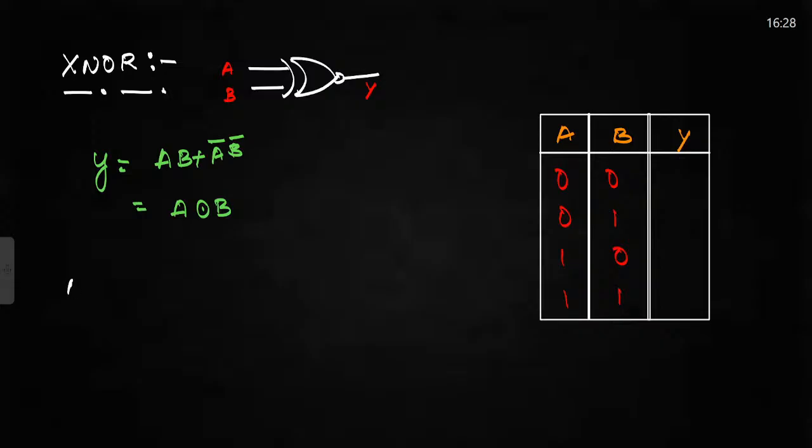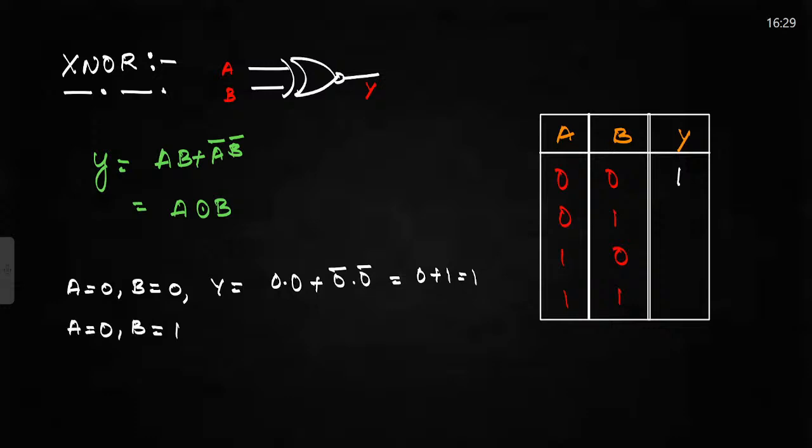Now let us solve with the equation. Taking A is equal to 0, B is equal to 0, then Y is equal to 0 into 0 plus 0 bar into 0 bar. So that will equal 0 plus 1, that is equal to 1. Now A is equal to 0, B is equal to 1. So Y is equal to 0 into 1 plus 0 bar into 1 bar. That will be equal to 0. A will be 1, B is equal to 0.